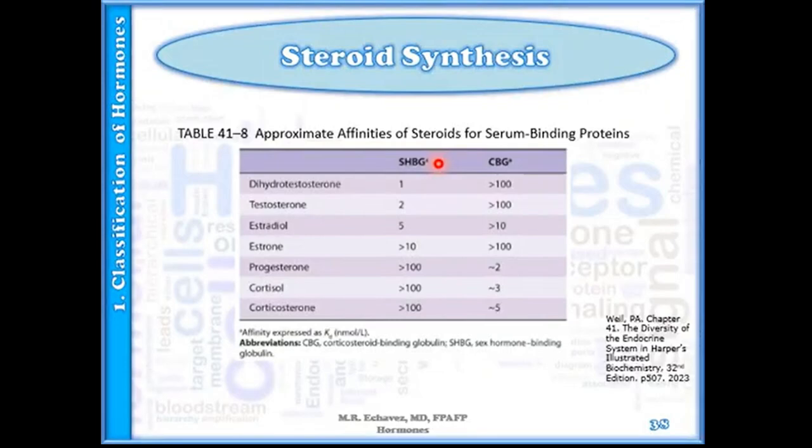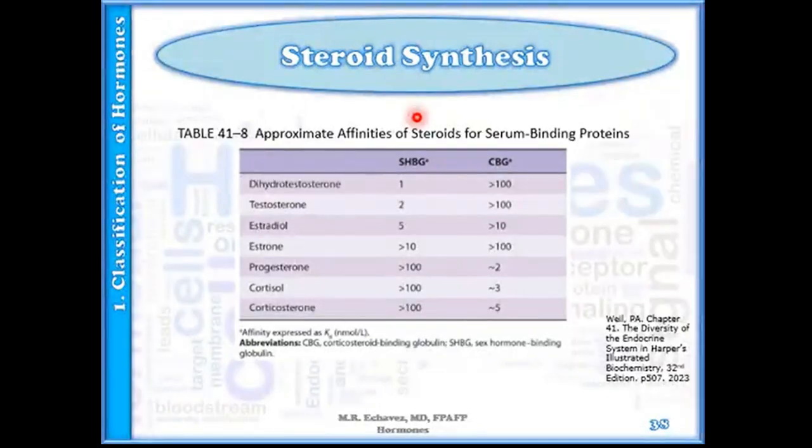This protein is also produced in the liver, and its production is increased by estrogens. Women have twice the serum concentration of SHBG than men. Certain types of liver disease and hypothyroidism can also have the same result. It is decreased by androgens and advancing age.